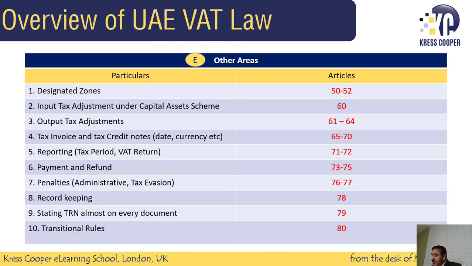Other aspects of the law. These are the other aspects of the law. Articles 50 to 52 deal with the designated zones. Article 60 deals with the capital asset scheme. Adjustment of output tax, Articles 61 to 64. Tax invoices, tax credit notes, 65 to 70. Reporting, return, tax period, time to issue tax invoice, Articles 70 to 72.